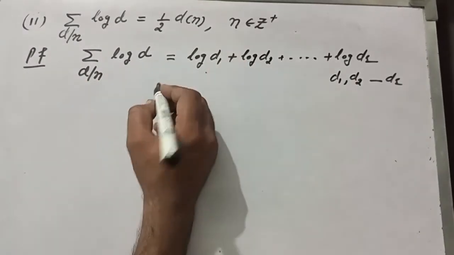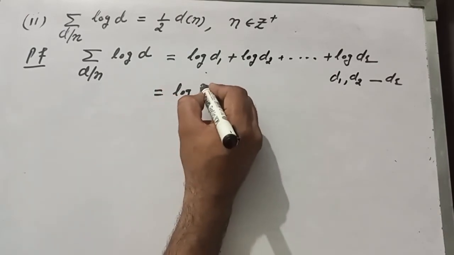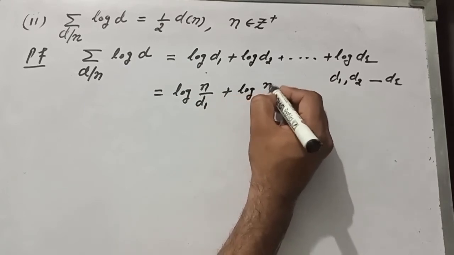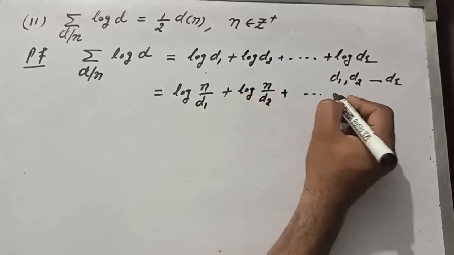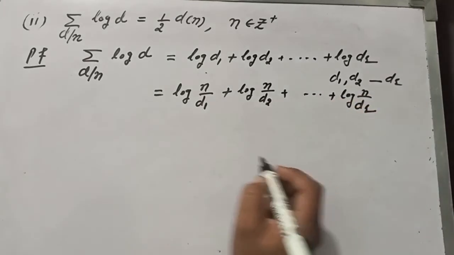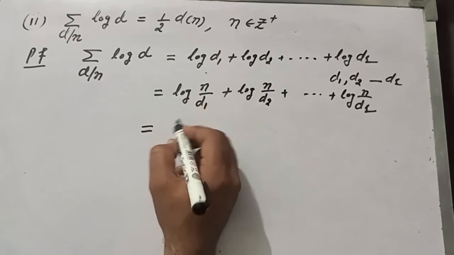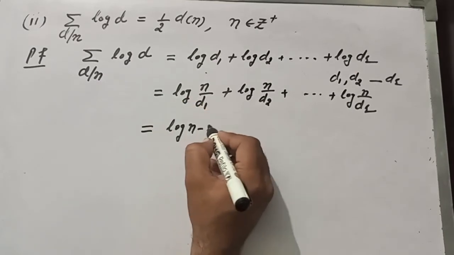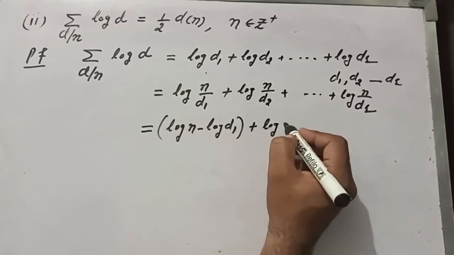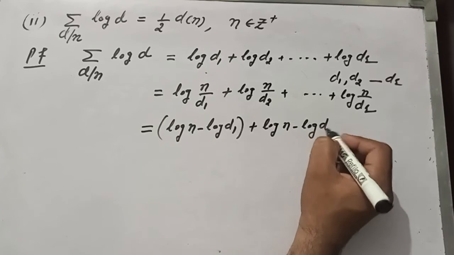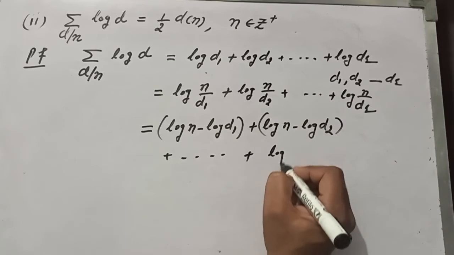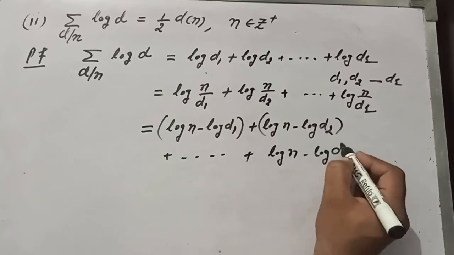Now you can replace d1 by n by d1, d2 by n by d2, up to logarithm of n by dr. Now use the logarithmic property: logarithm of n minus logarithm of d1, plus logarithm of n minus logarithm of d2, plus up to logarithm of n minus logarithm of dr.